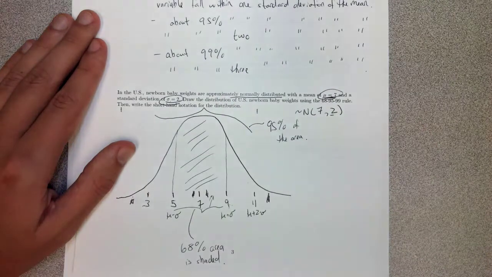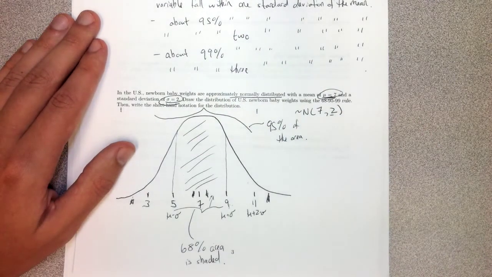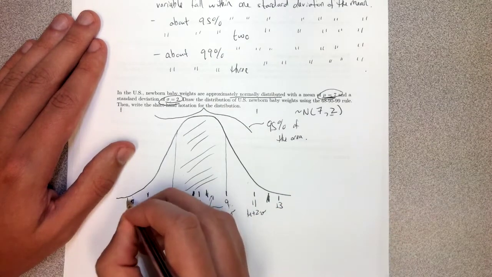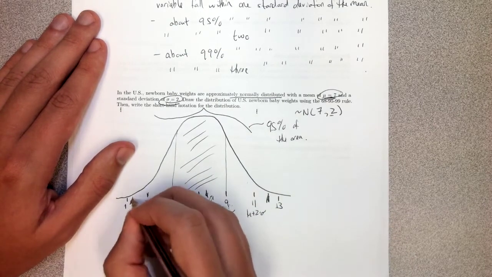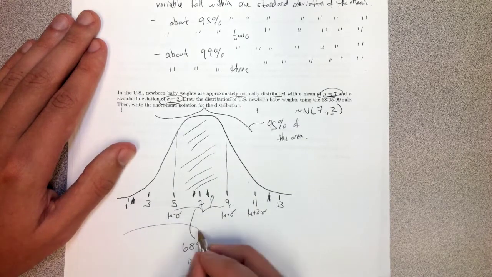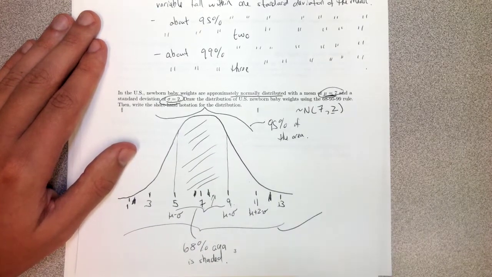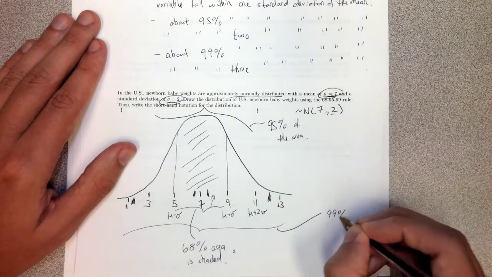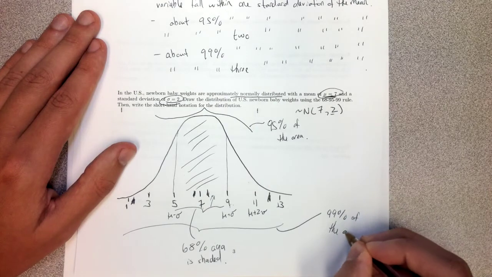And so that's what our rule is telling us. Then if you go out one more, I'm going to mark 13 and 1. Then between those two numbers, if you shaded all that area, that should be 99% of the area.